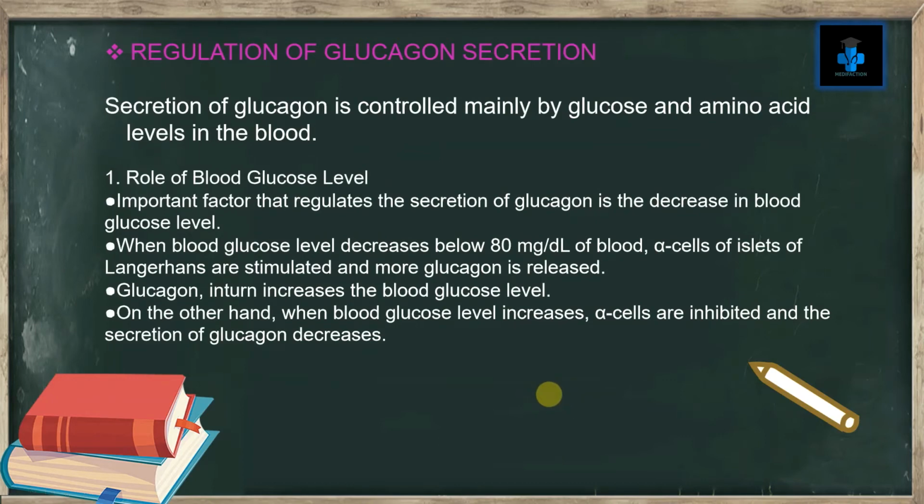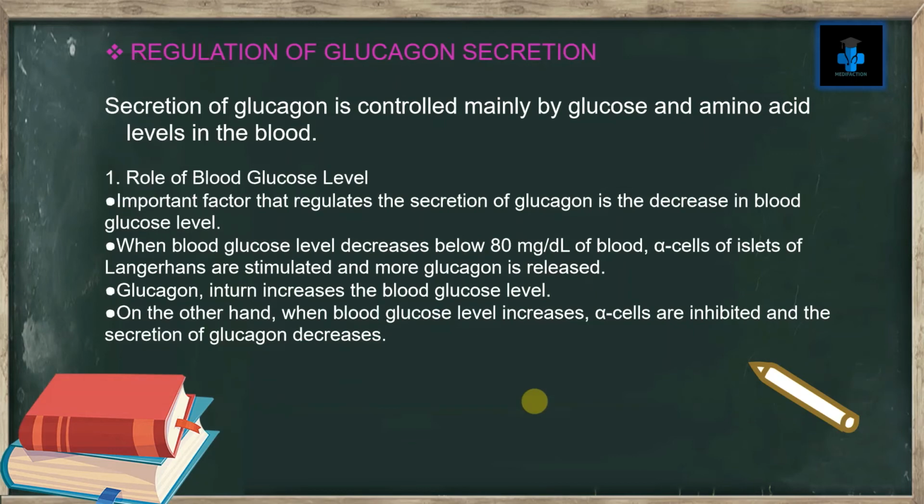Secretion of glucagon is controlled mainly by glucose and amino acid level in the blood. Number 1. Role of blood glucose level. Important factor that regulates the secretion of glucagon is the decrease in blood glucose level.